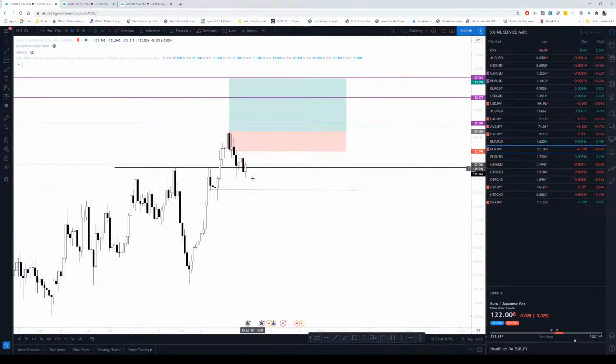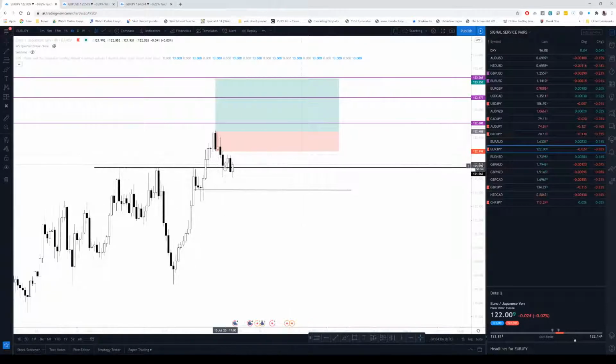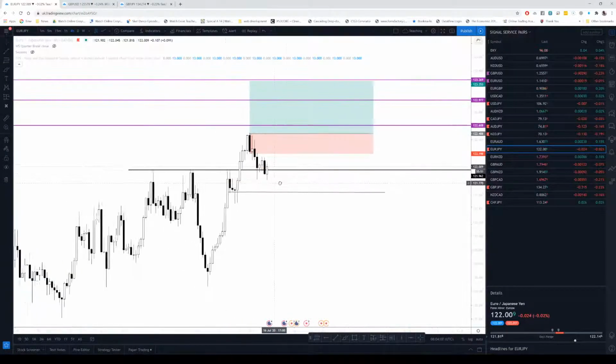All right, so we've run equal highs. This is a reset. Price has now gone back to neutral. So we are now waiting to see, do we want to continue going up, or we want to reverse and go down? Okay, I would say wait and see what price would do.